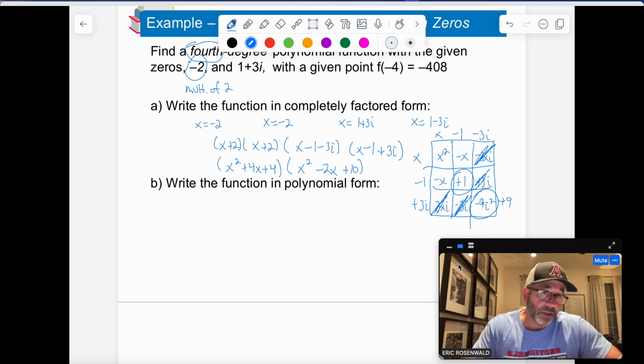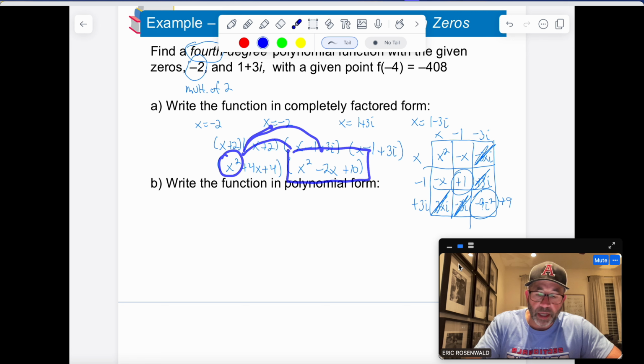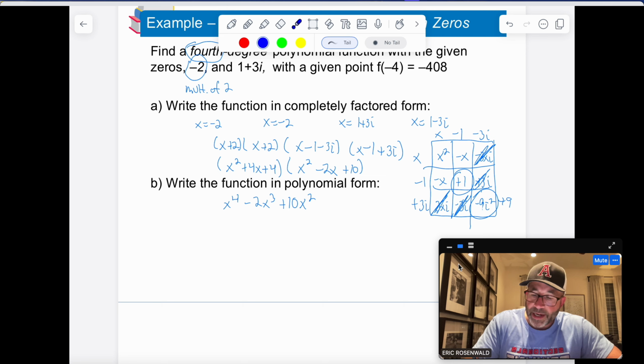Now we have to finish multiplying this entire thing out. I'm going to do the vertical method rather than the Punnett square for you guys, just so you can see it in action. Vertical says we're going to take the x squared and multiply it by this trinomial. That's going to give me x to the 4th, negative 2x cubed, and positive 10x squared. Now we're going to take that 4x and distribute it to everything on the right side.